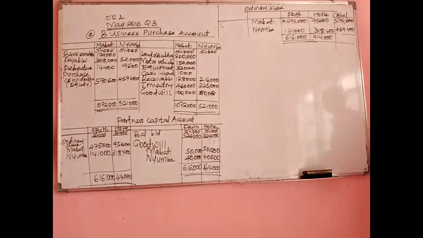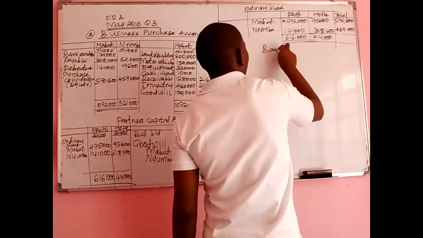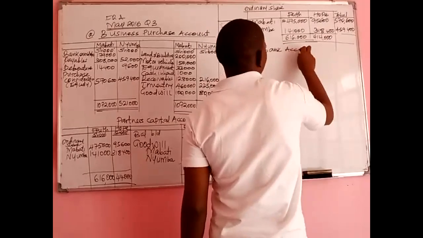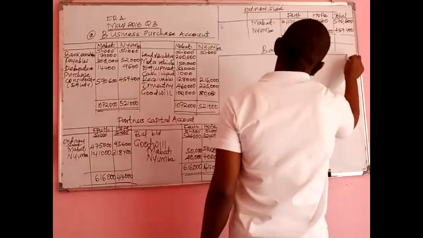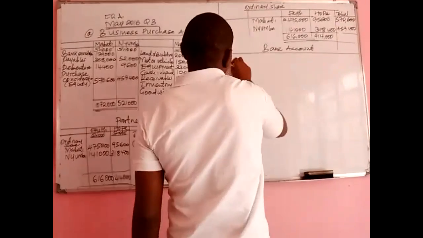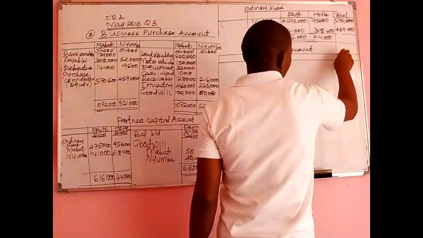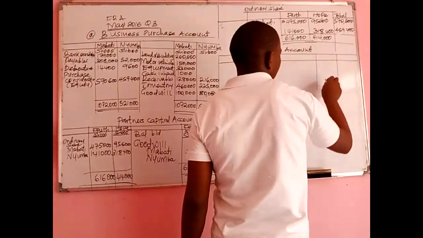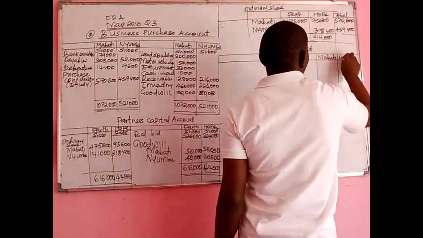Now the other one is it also needs us to prepare the bank account. Bank account. What we mean when we talk about bank. So here I will have also Mabati, and also Nyumba.